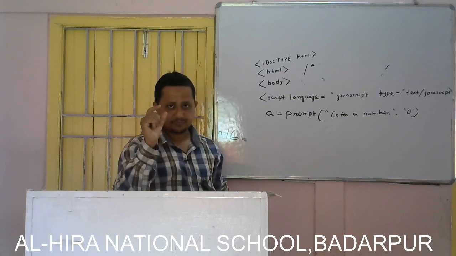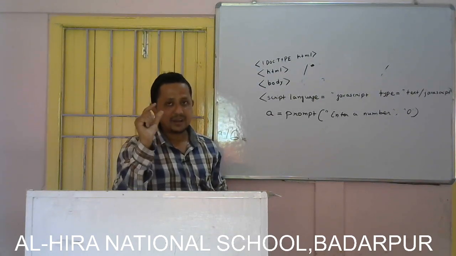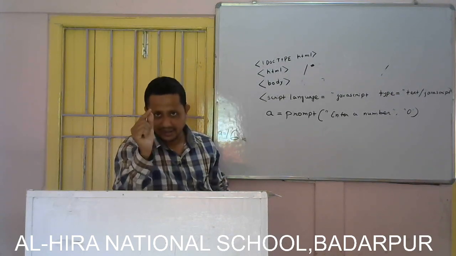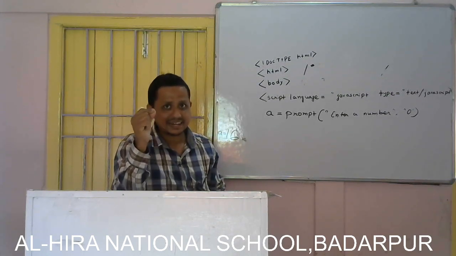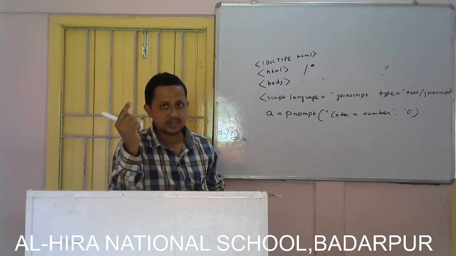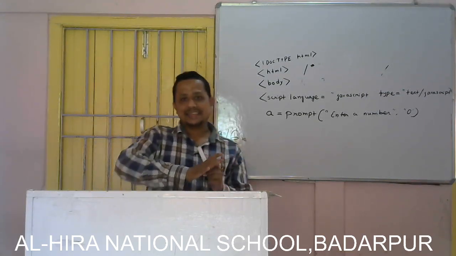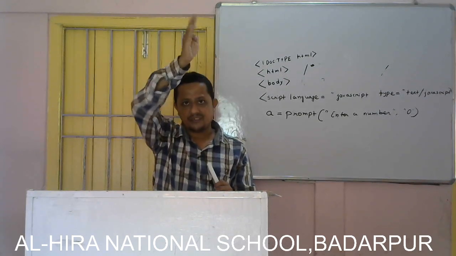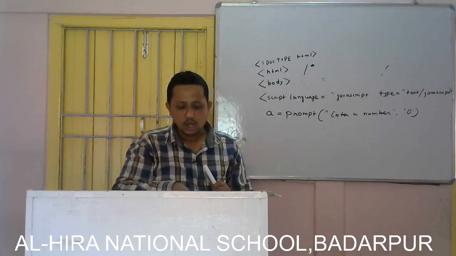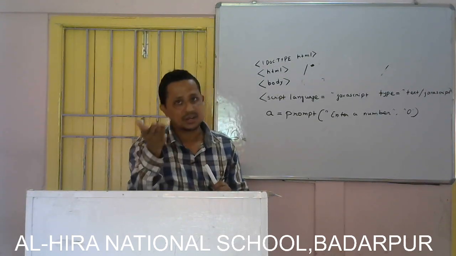Whether 20 is greater than 18, is it true or false? It is true. So if the condition is true, the thing after the question mark, you are above 18 years, will come.